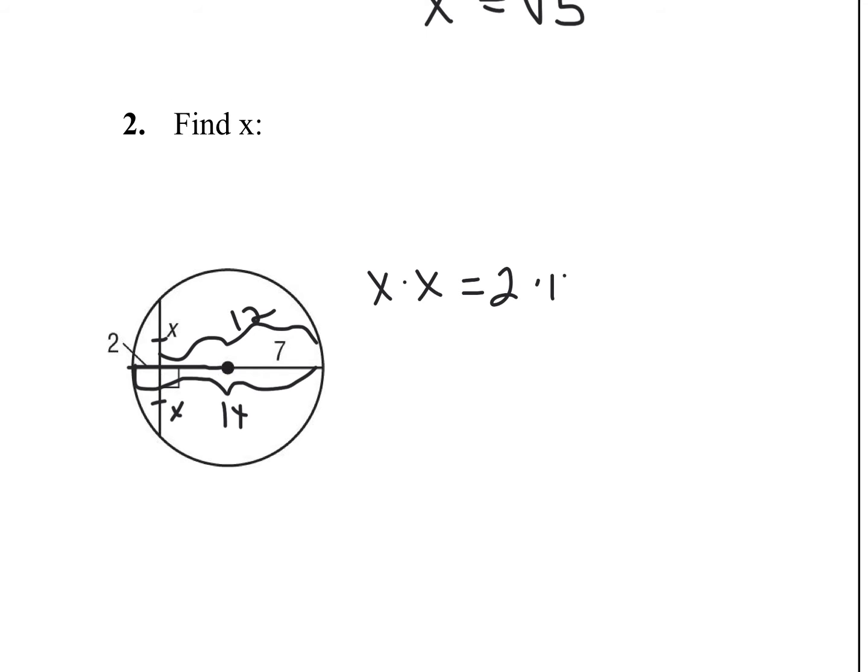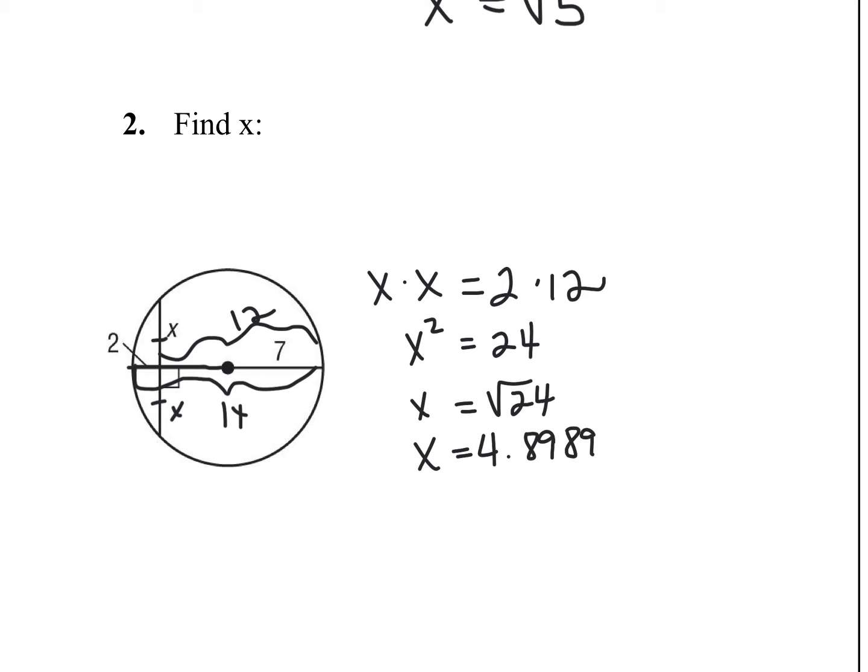So we're going to have 2 times 12. So x squared equals 24, and the square root of 24 is approximately 4.89898, or x equals 4.899.